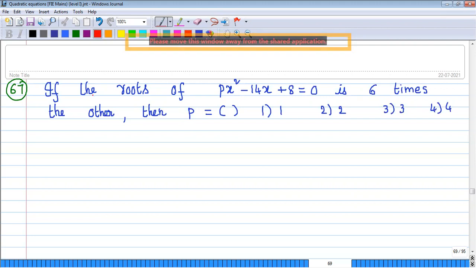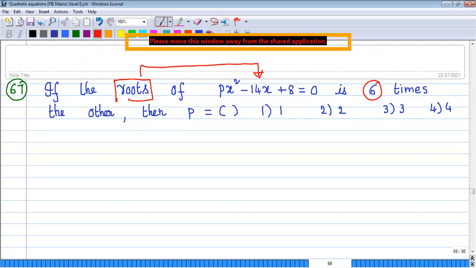Here the condition is given: if the roots of this px square minus 14x plus 8 is equal to 0 are such that one is 6 times the other. So that means indirectly the roots will be like this. If one root is alpha, the other root will be 6 alpha. Then we need to find out the p value.